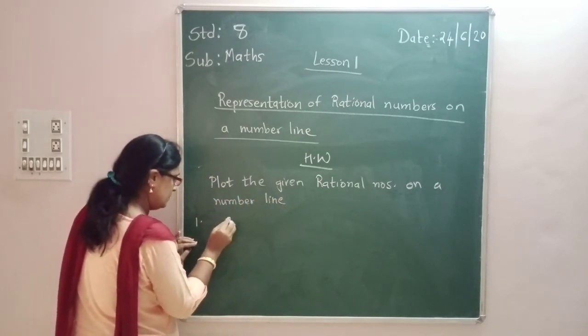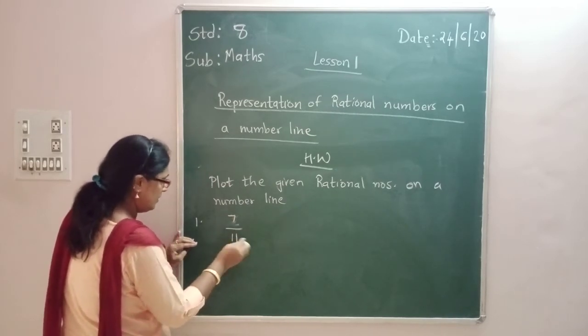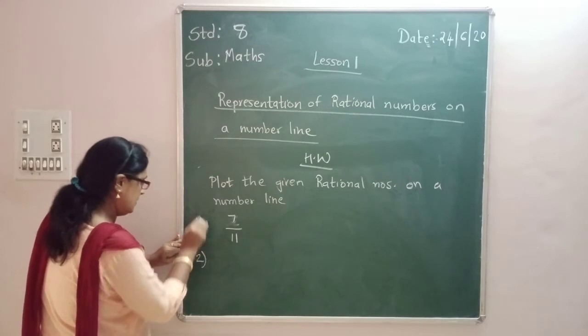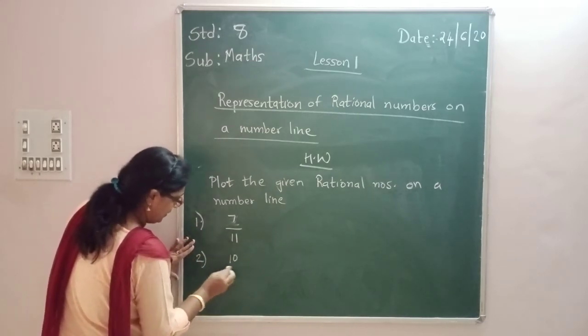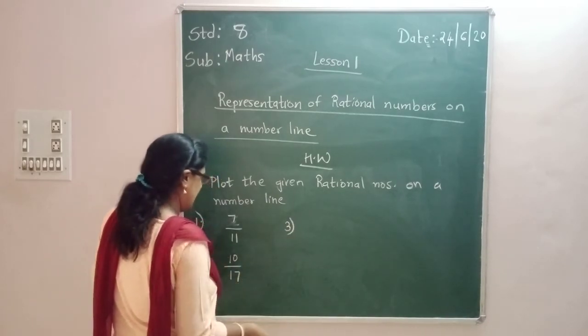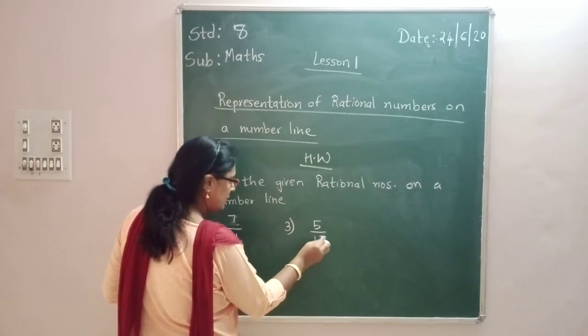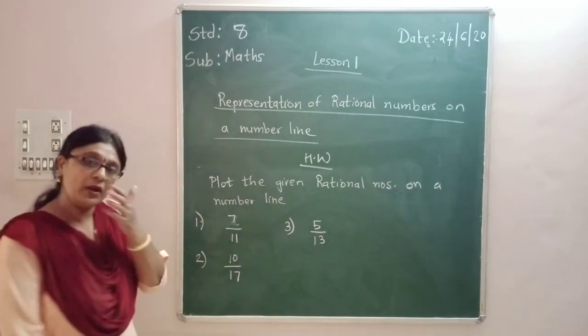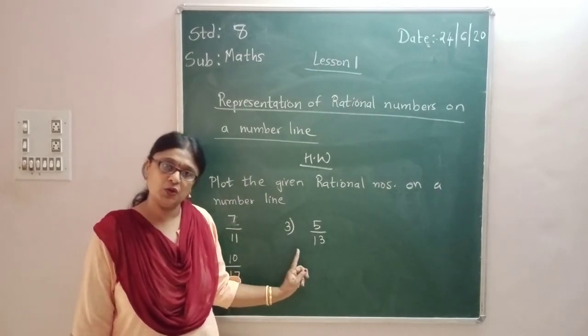First is 7 upon 11. Second is 10 upon 17. And third is 5 upon 5. Okay, children? So please do these 3 sums in your notebook.